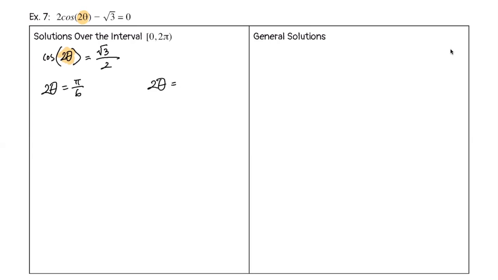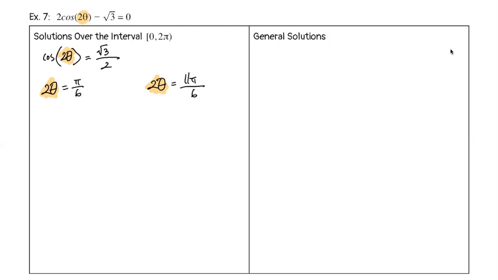Yeah, we're just using our unit circle here, right? 11 pi over 6 and pi over 6. So let's pause here for a moment. Are we okay with how we got 11 pi over 6 and pi over 6?